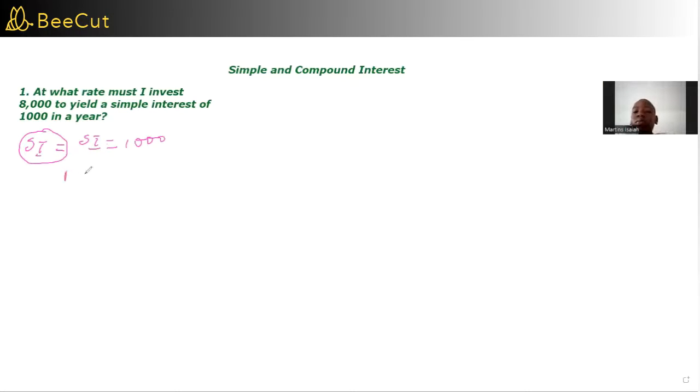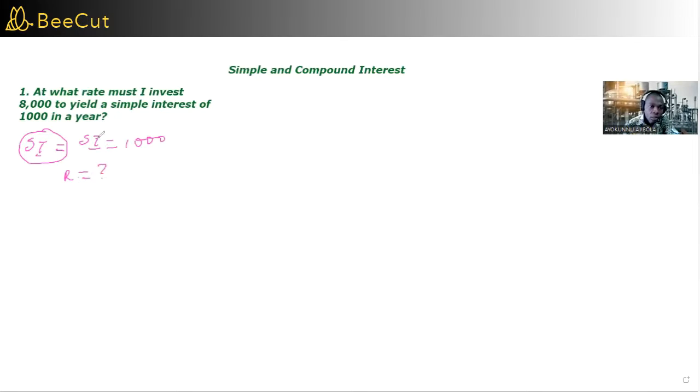Okay, rate. No, the rate is not known. That is what you are looking for. At what rate must I invest 8,000 to yield a simple interest of 1,000 in a year? So in that, we're looking for rate.